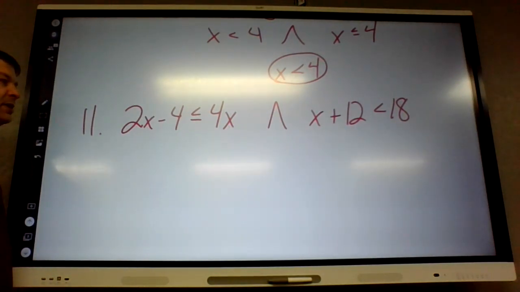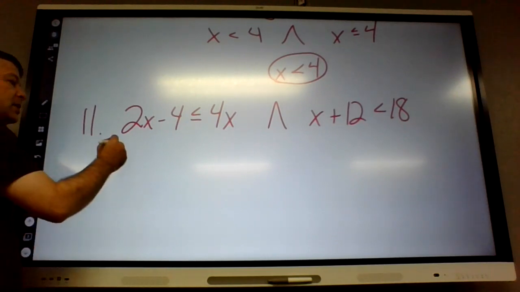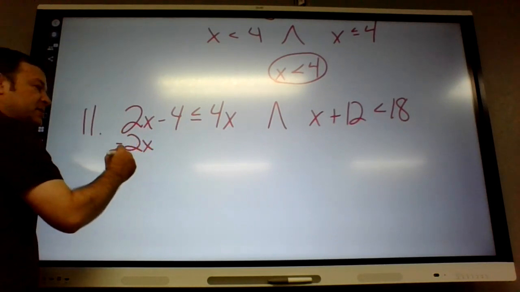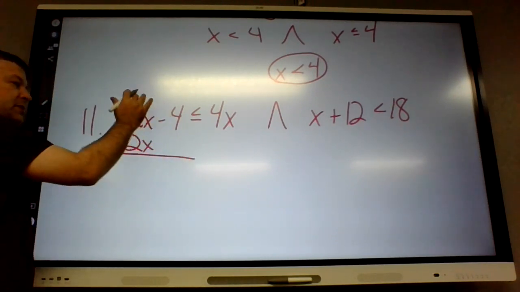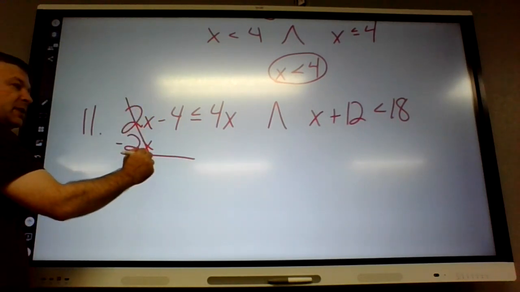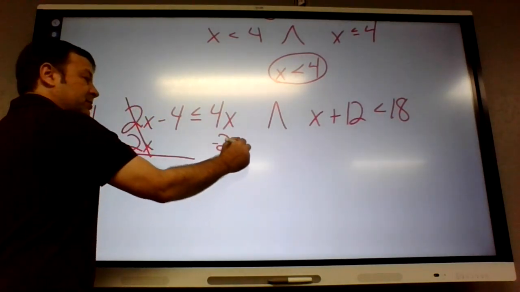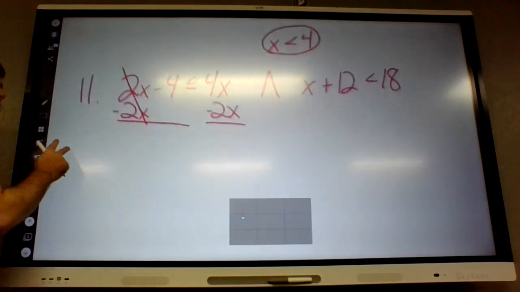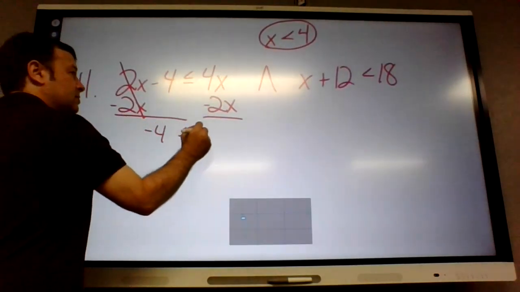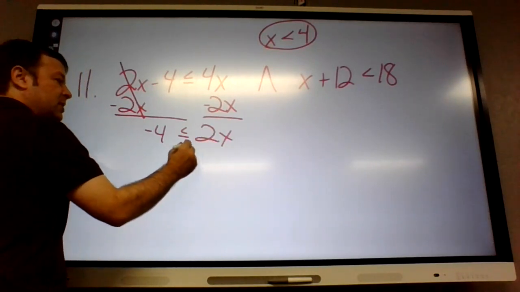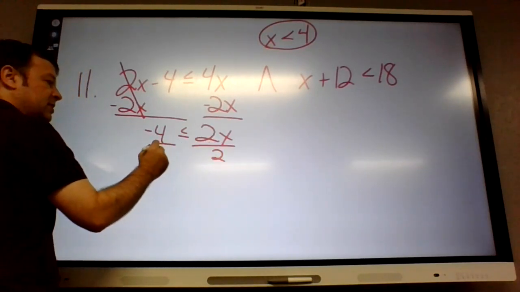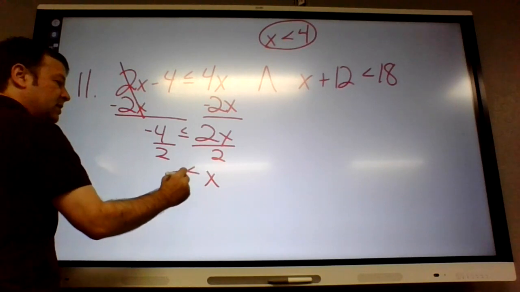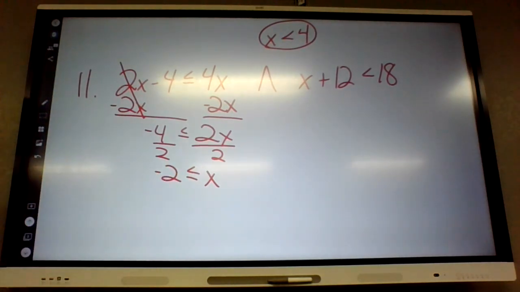And how do we get rid of them off of one side? Minus 2x. Okay, yeah, we want all the x's on the same side, so if you subtract 2x over here, that cleans up the left side, but then you have to subtract 2x over there. So we got 2x, so we have to divide by 2. Inequality does not flip, because we're dividing by positive 2.